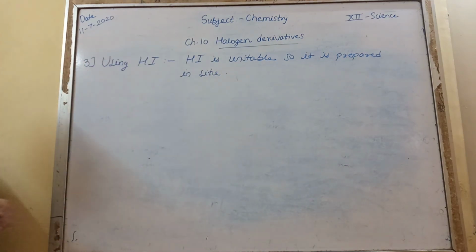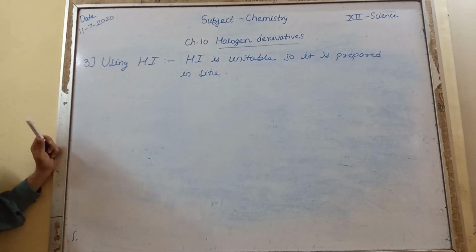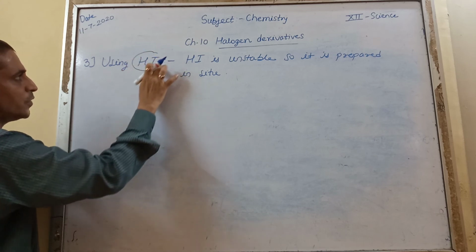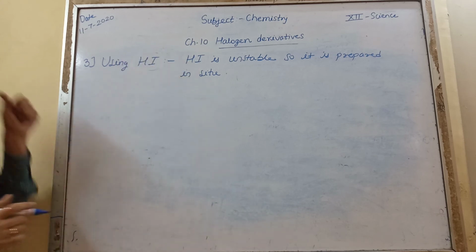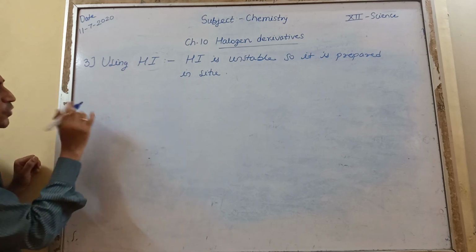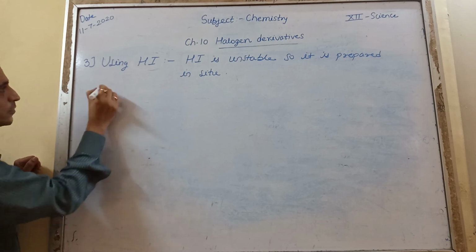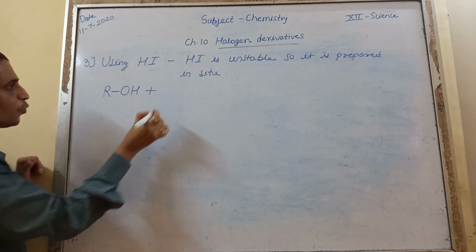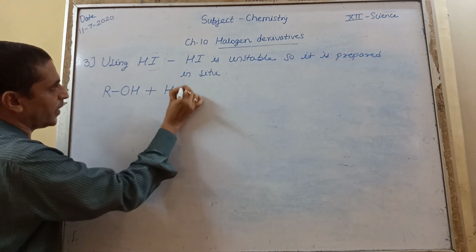But here we are using phosphoric acid instead of sulfuric acid, because sulfuric acid oxidizes HI to iodine. So we do not use sulfuric acid, we use 95% phosphoric acid, and the condition is the same for all alcohols, ROH plus HI.